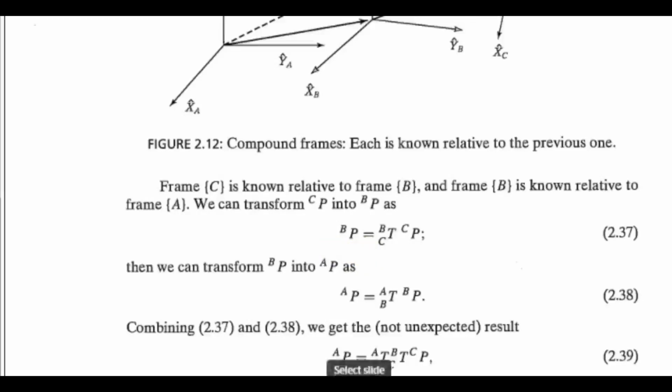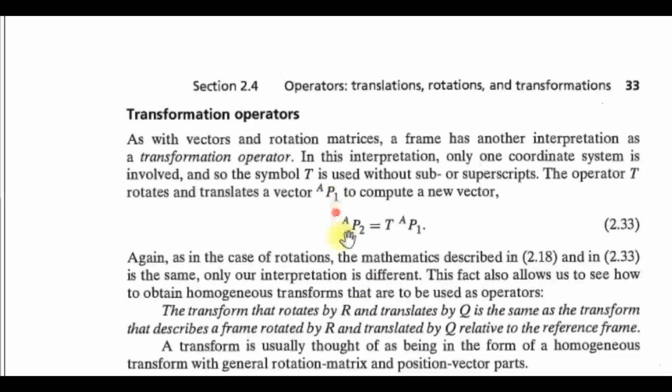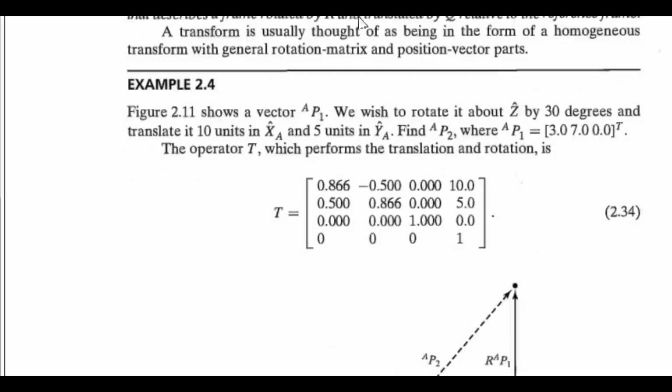The second part is the translation, means this portion is the rotational matrix, this portion is the origin translated from one point to another, and this is the perspective transformation, which is considered as 0, and this is 1.